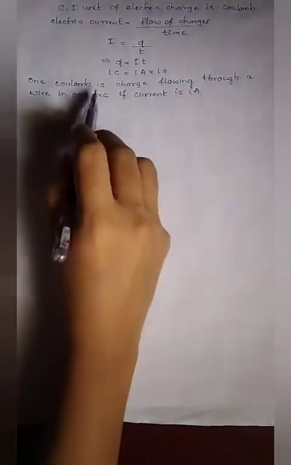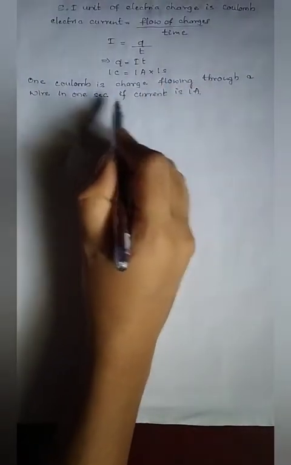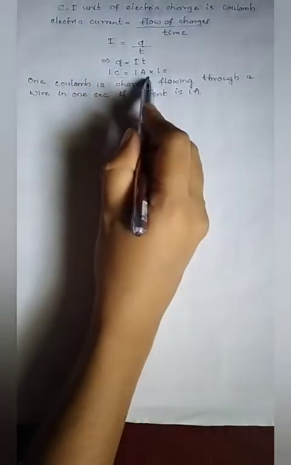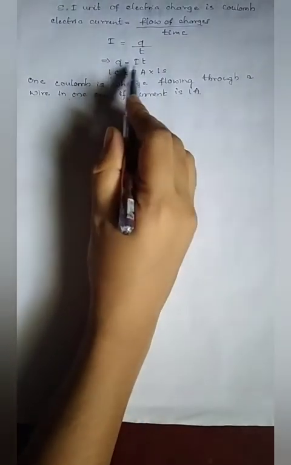Got the point? So how will you define 1 coulomb? 1 coulomb is charge flowing through a wire in 1 second if current is 1 ampere, according to the expression Q equal to I into t.